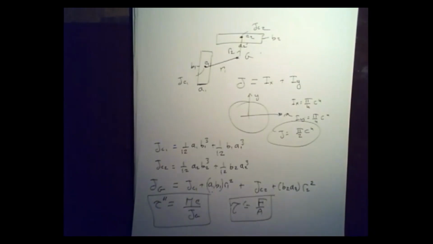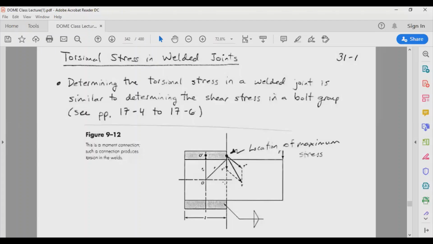Okay, let's come back to our notes. All right, so like I said, in the case of when you are looking at the torsional stresses, that force is going to result in primary shearing and then secondary shearing, which is due to the moment.